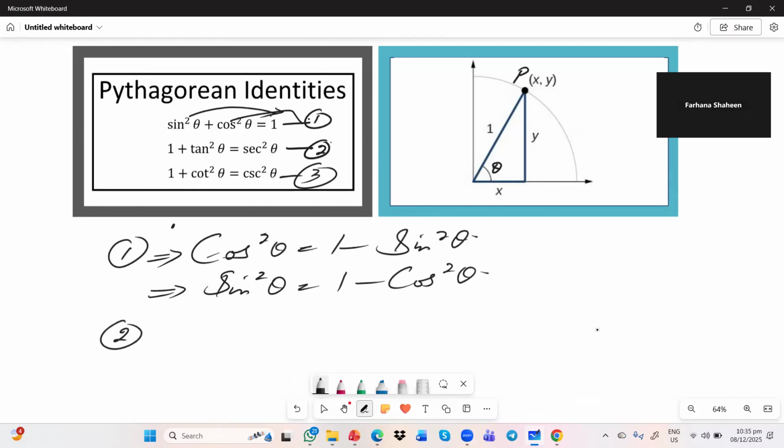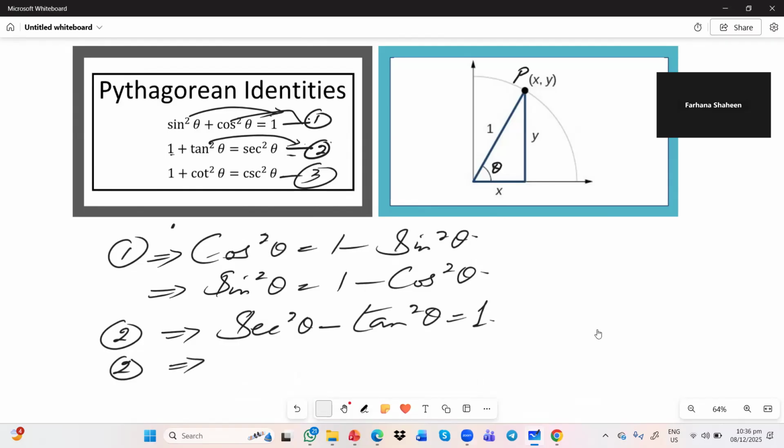Similarly, from the second one, if we take tan square theta to the other side, we'll have secant square theta minus tan square theta is equal to 1. And if we take 1 to the other side, we'll have secant square theta minus 1 is equal to tan square theta.